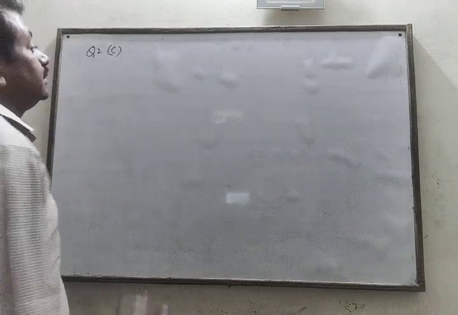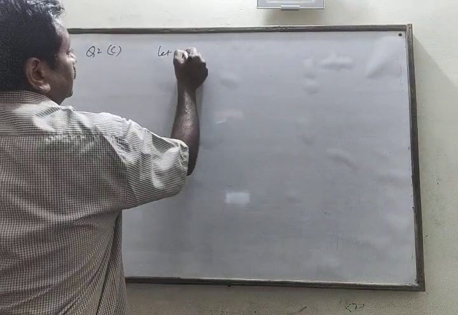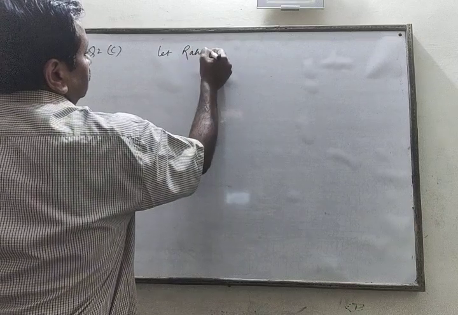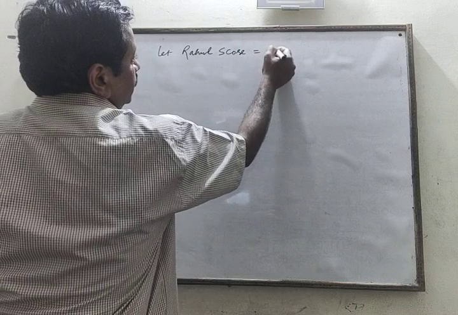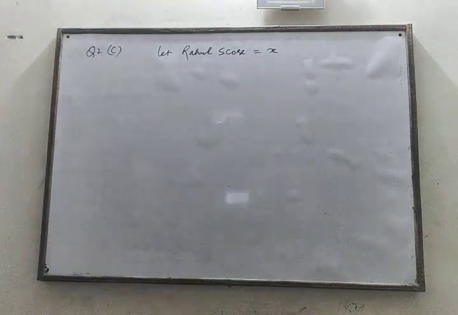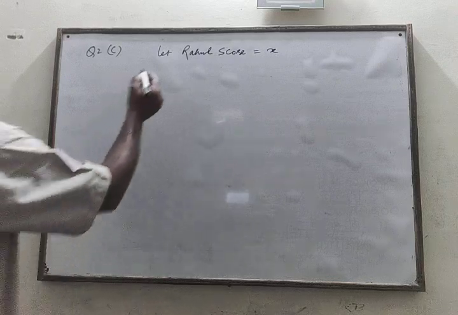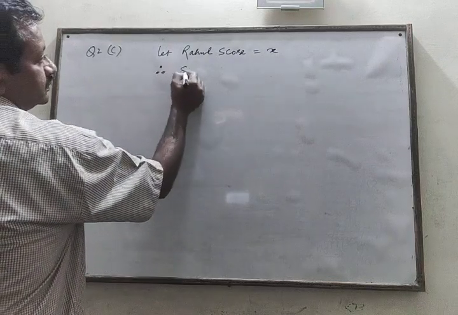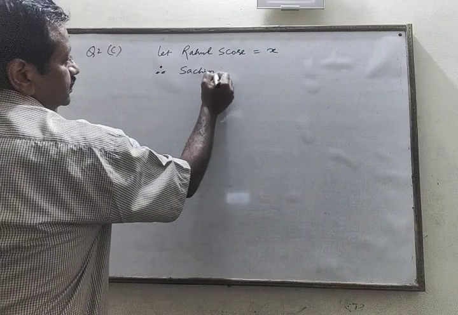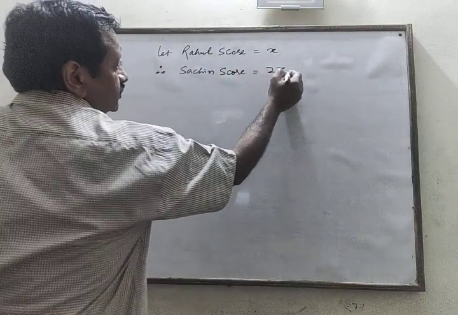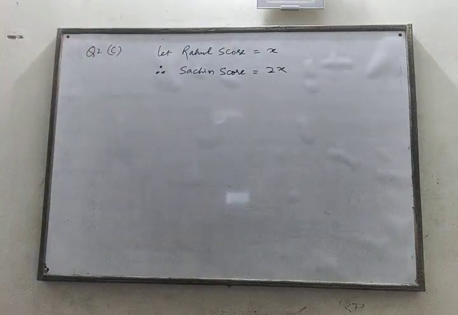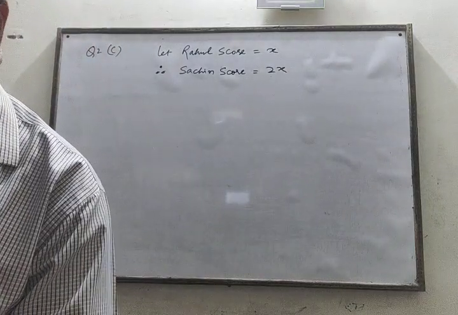So we will write, let Rahul's score be equal to x. Therefore, Sachin's score will be 2x. If he is making x, then he will make 2x.